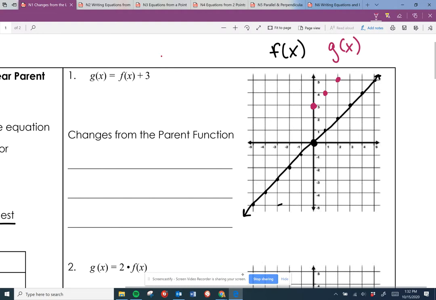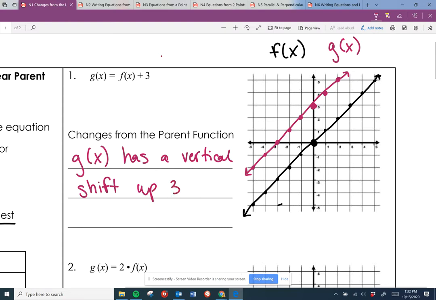And by now you guys can clearly see the pattern and it's going to look like this all the way down. Okay, so this is our new g of x line, and then it wants us to write out the changes. Okay, so let's say that g of x has a vertical shift up 3.